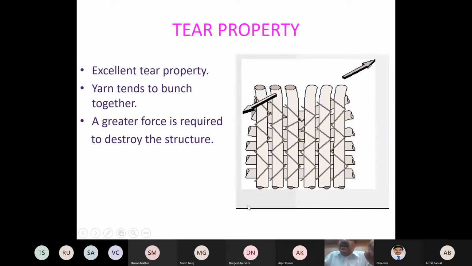As a result, the fabric gives high tear strength. As you know, tear strength is basically due to poor stress concentration, meaning at any point where tearing takes place, the tearing propagation is restricted if there are more threads to obstruct the tearing.